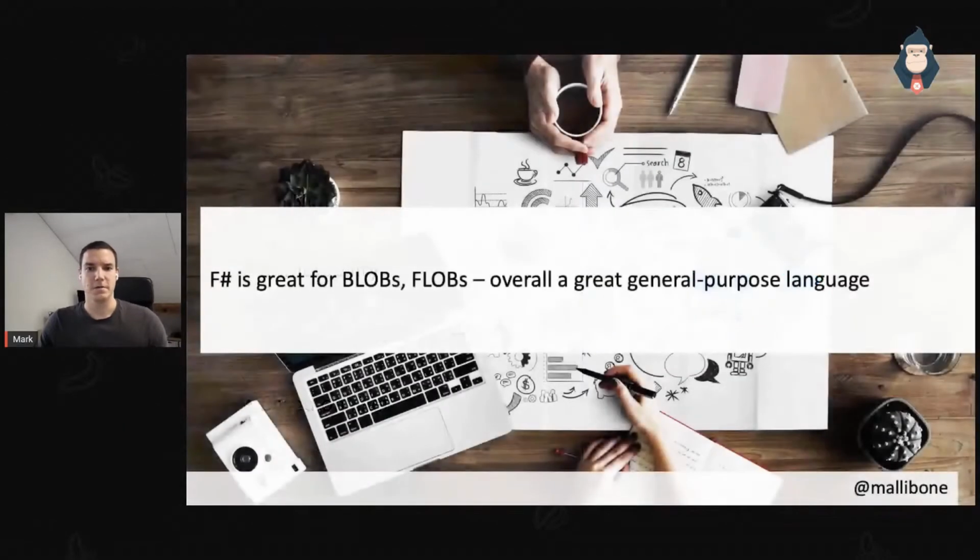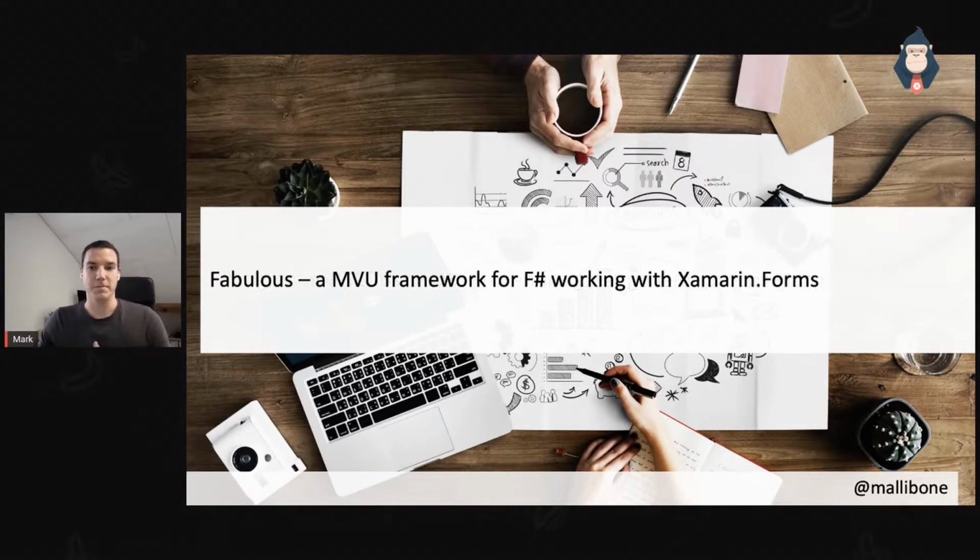What I'd like to think of is F# is really great for BLOBs, boring line of business applications, or FLOBs, fun line of business applications. I actually don't know if those exist, but let's just pretend they do, and so they're great fun. So F# is a general language because it's based on .NET Framework. It has some differences, and you might see them during this talk. So let's go on with it.